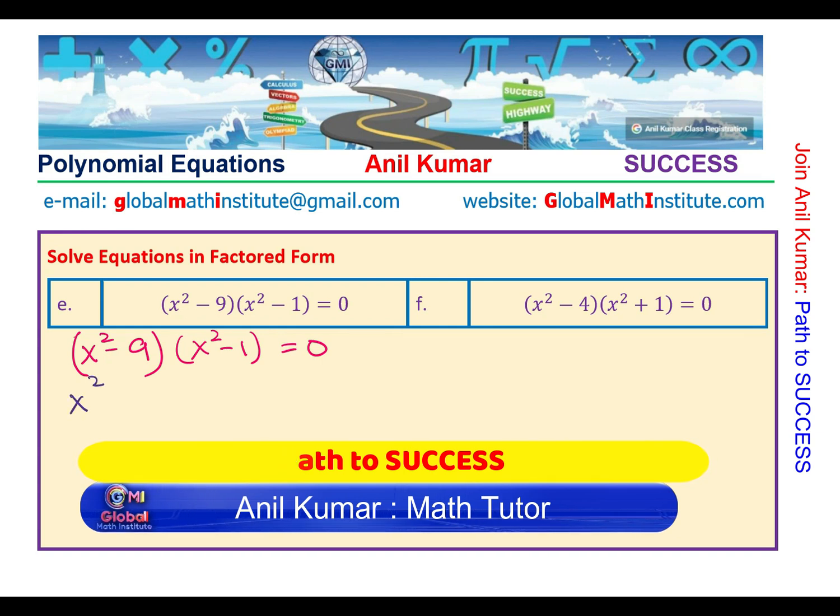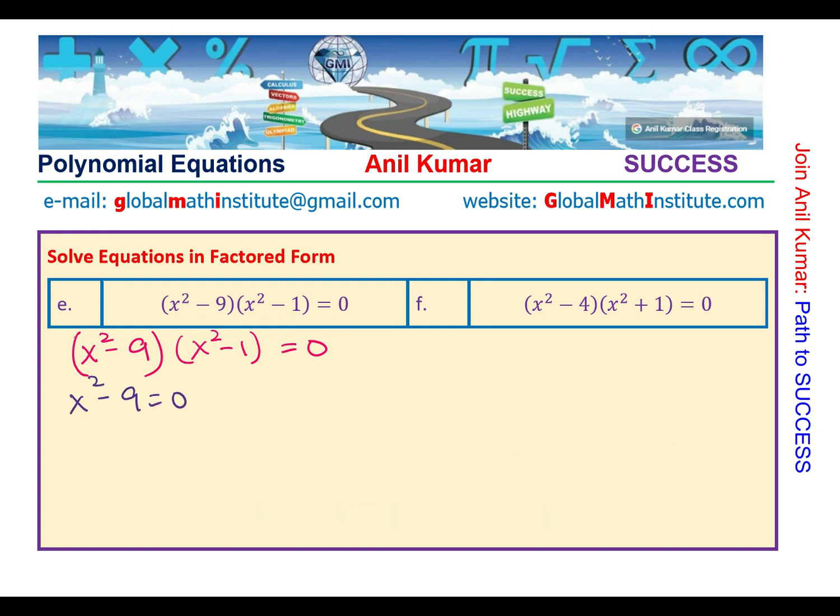So if I equate x square minus 9 to 0, I get x square equals to 9, x is equal to square root of 9. So some of you will write square root of 9, which is going to be incorrect. Correct will be plus and minus, because the minus when squared will give you positive value, and we get two solutions here, which is plus minus 3.